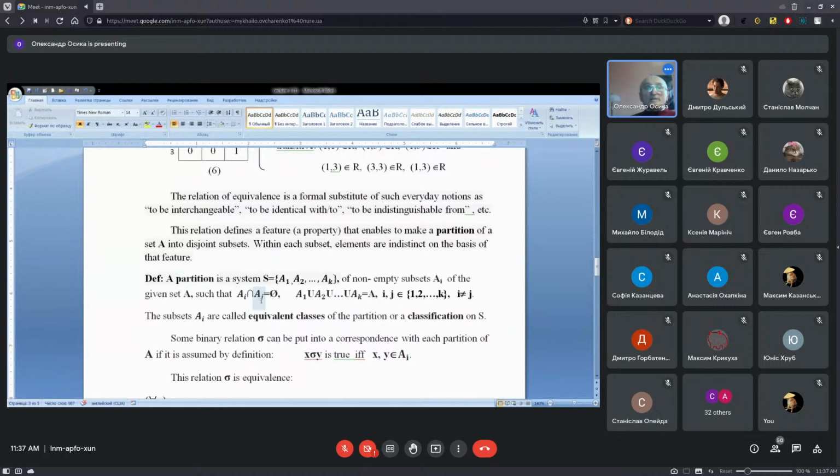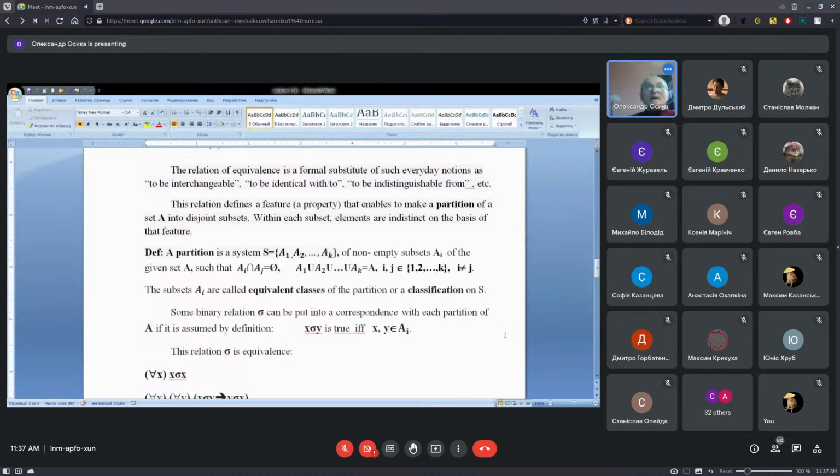Never equal to J. Such subsets of set A are called equivalence classes of the partition or classification on S. We classify elements of the set A.